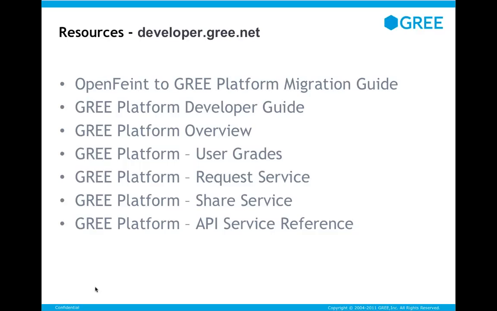The GREE Platform Overview and GREE Platform Developer Guide, I highly recommend taking a look at, as well as the API Service Reference, where you will find information about things like the share and request services. You will also find more information about user grades, since I know this is a new concept for our OpenFeint developers, also on the GREE Developer Center.